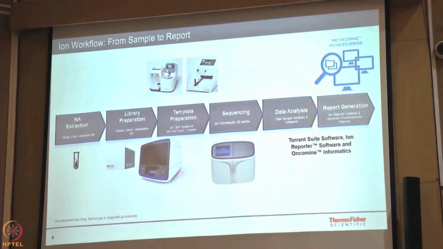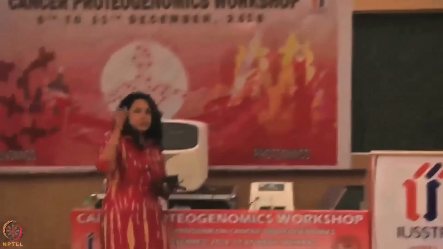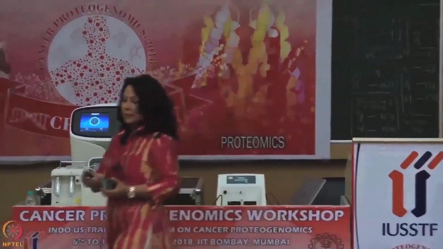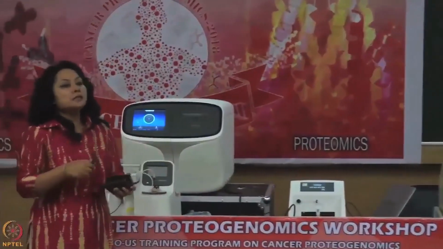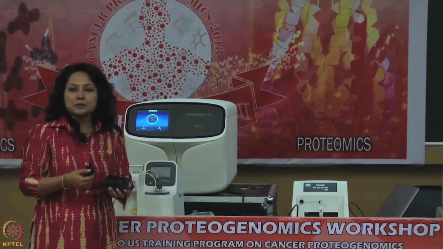One is it can prepare libraries for you, and second is it can do all the amplification on these ion spheres, and you get ready chips which are already loaded. These chips are basically silicon wafers on which there are millions of wells. These millions of wells are basically enabling these millions of fragments to be sequenced all at once.